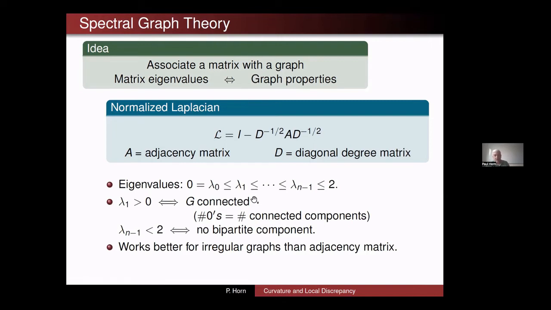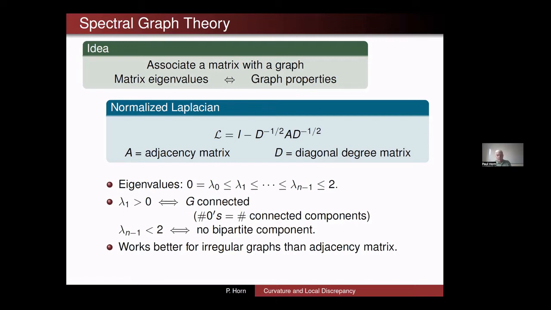And the largest eigenvalue is telling you something about bipartite pieces, so the number of bipartite components is the number of 2's. And in some ways, this normalization for degrees allows it to work a little better for irregular graphs than the adjacency matrix. You can recover some of the same kind of results you can for regular graphs, you can recover for all graphs using this matrix.